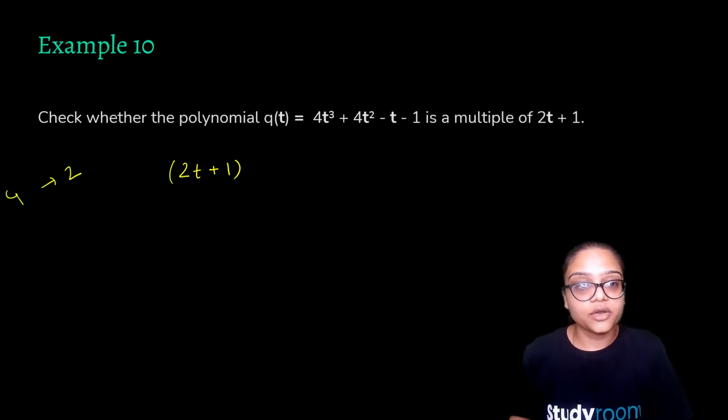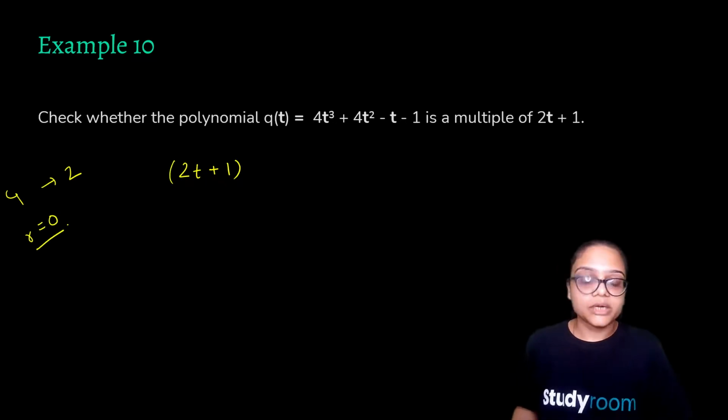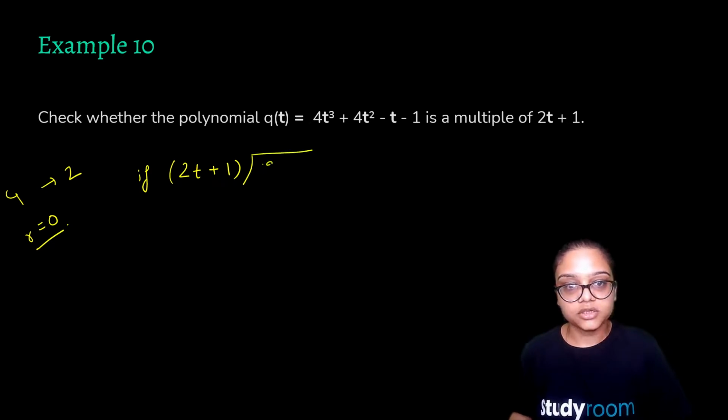Yes, it's a multiple of 2 when and only when, if it is divided by 2, it gives remainder equal to 0. I hope you know that. Anything is a multiple means what? It will completely divide it and the remainder would be 0. So if it is a multiple, it divides q(t) and the remainder equals 0.